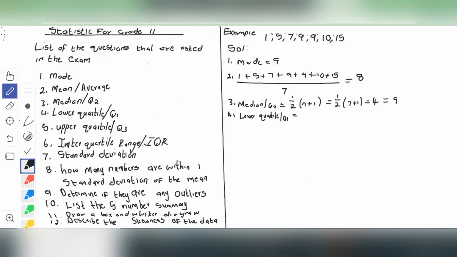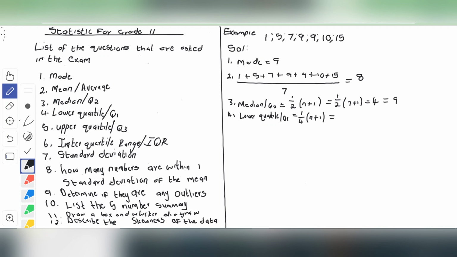Okay, guys, now we are determining the lower quartile range. Like I said, we are going to use the formula which they call the navigator. For the lower quartile range, Q1, it's 1 all over 4 into n plus 1, right?